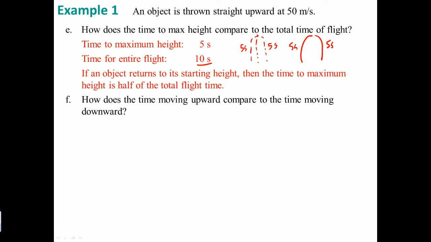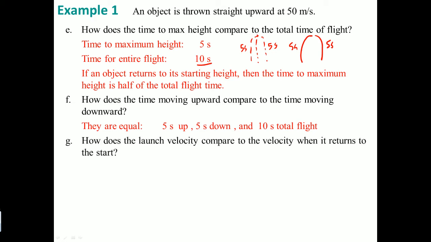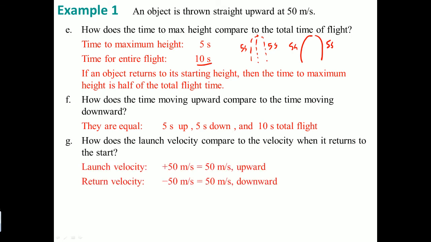F, how does the time moving up compare to the time coming down? Well, we said that they were equal because the total should be just 2 times it. How does the launch velocity compare to the velocity when it returns to start? Well, at start, it went up at 50 meters per second. Coming down, it returns at negative 50 meters per second.